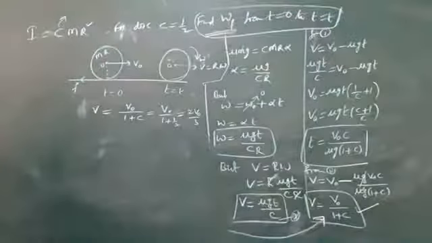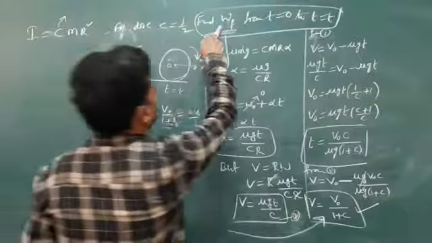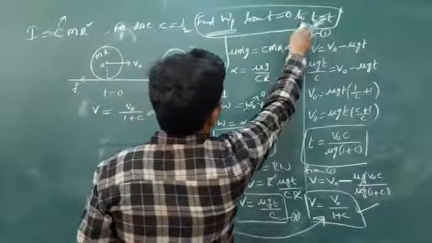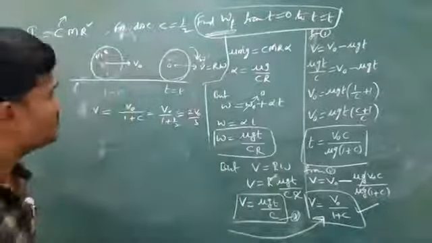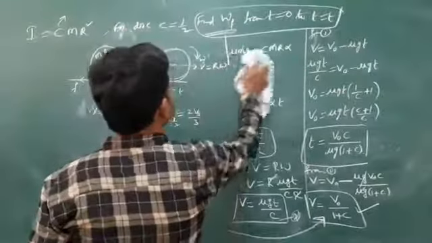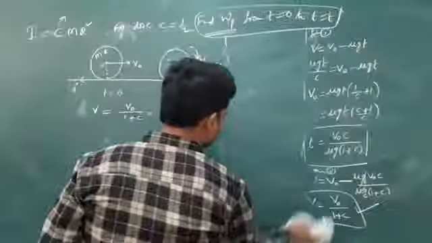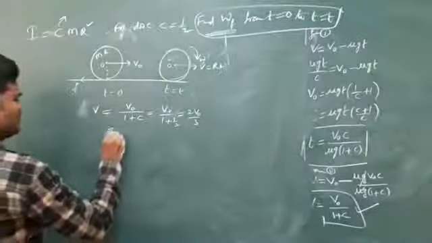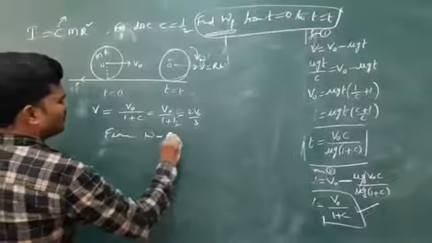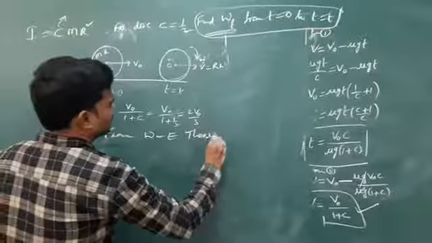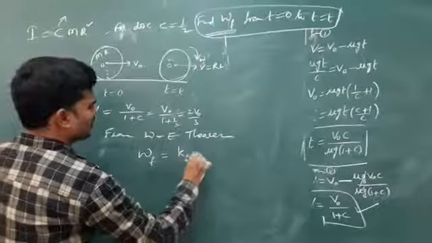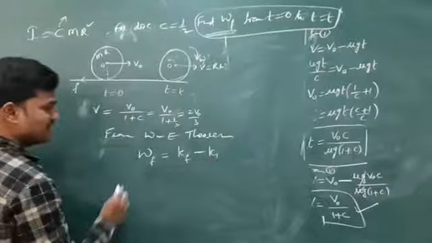Okay, work done by the frictional force from time t equal to 0 to time t equal to t. So to find this work done, let me apply the work energy theorem. According to the work energy theorem, work done by the frictional force is nothing but final kinetic energy minus initial kinetic energy.